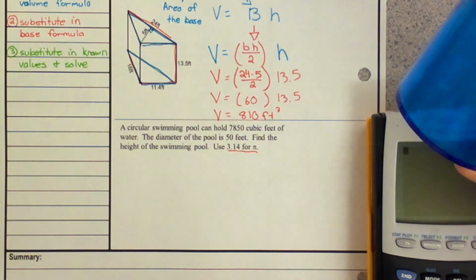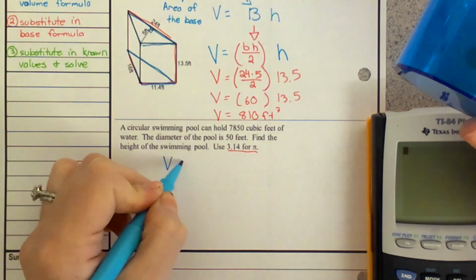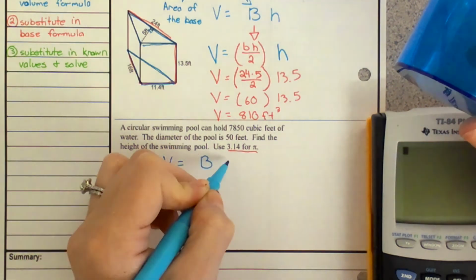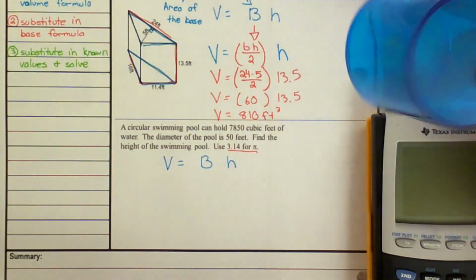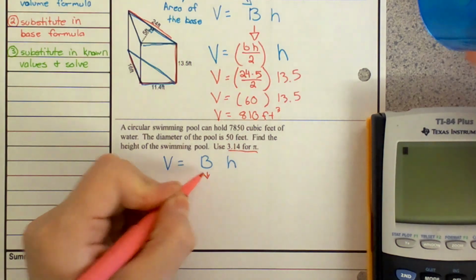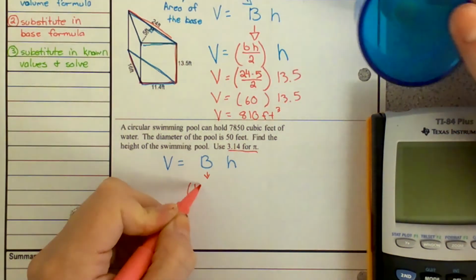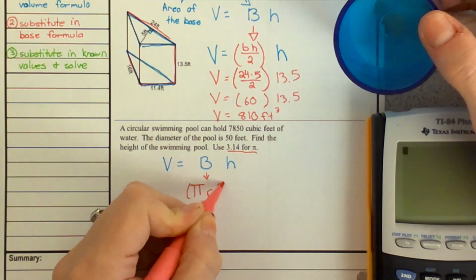I'm going to start out with my basic volume formula: volume equals capital B times height. The base of this shape is a circle, so I am going to plug in the circle formula, pi r squared.